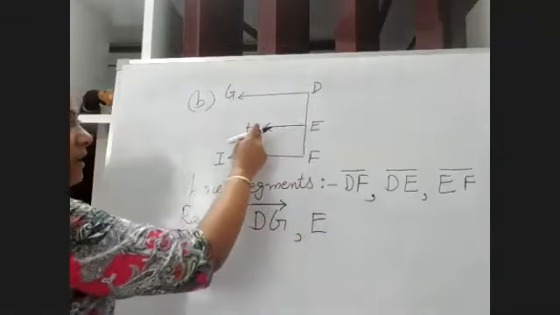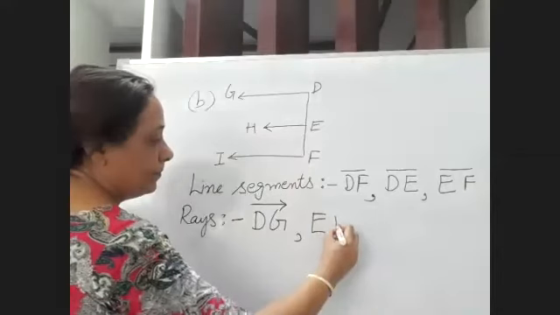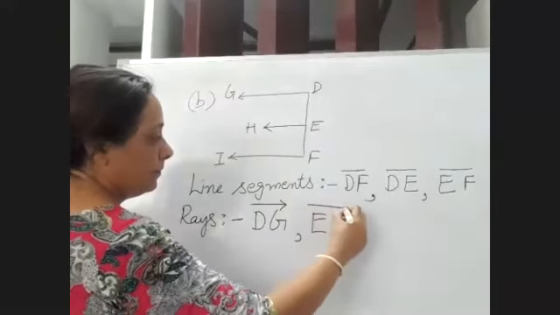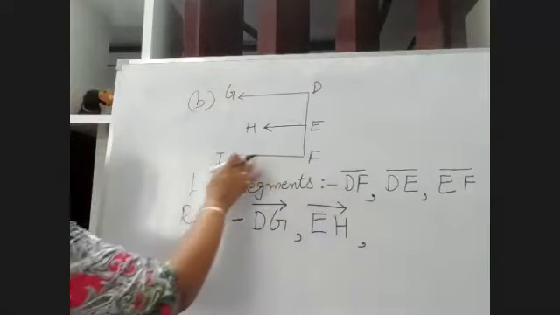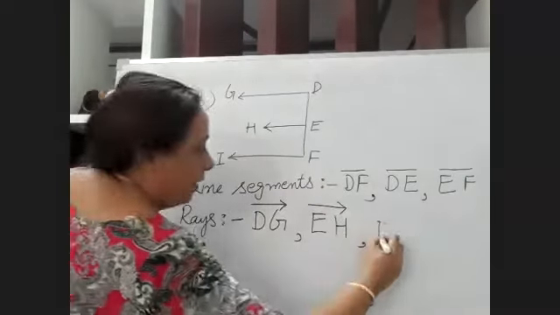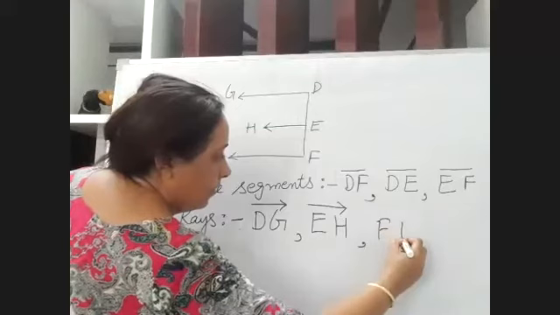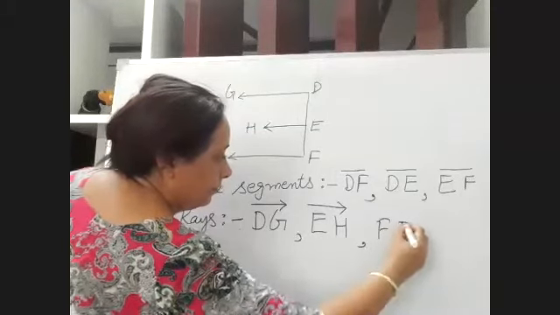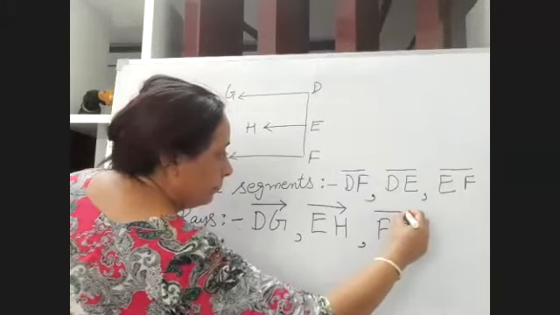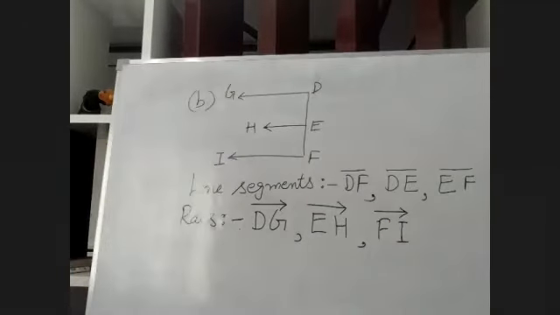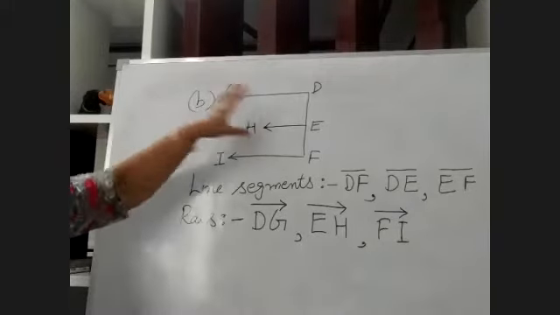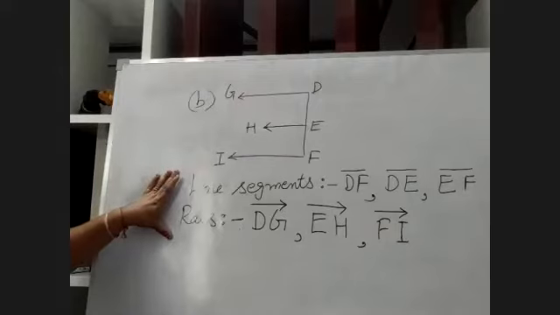Second is EH. And third is FI. Clear, students? So in this figure, we have 3 line segments and 3 rays.